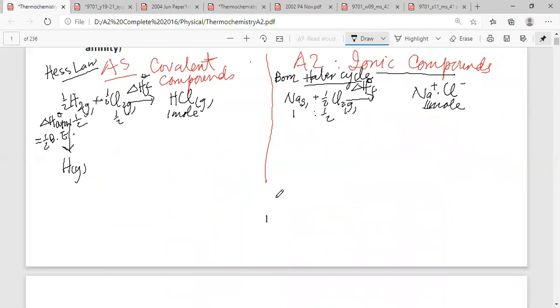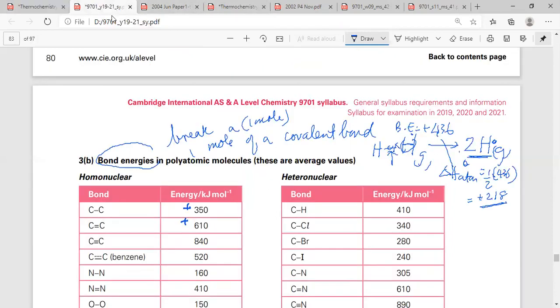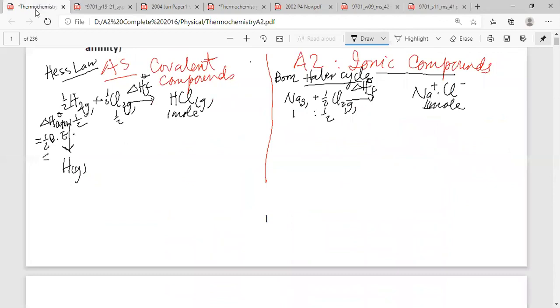Here, you can see heat of atomization is equal to half the bond energy, which I showed you just now is equal to how much? I forgot. Let's refer to this again. Right, 218. So this is positive 218 here. I put here positive 218.